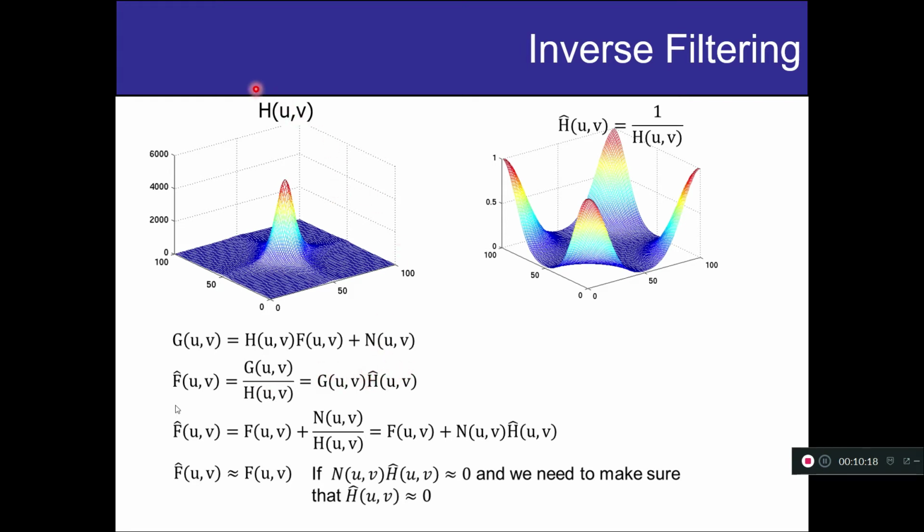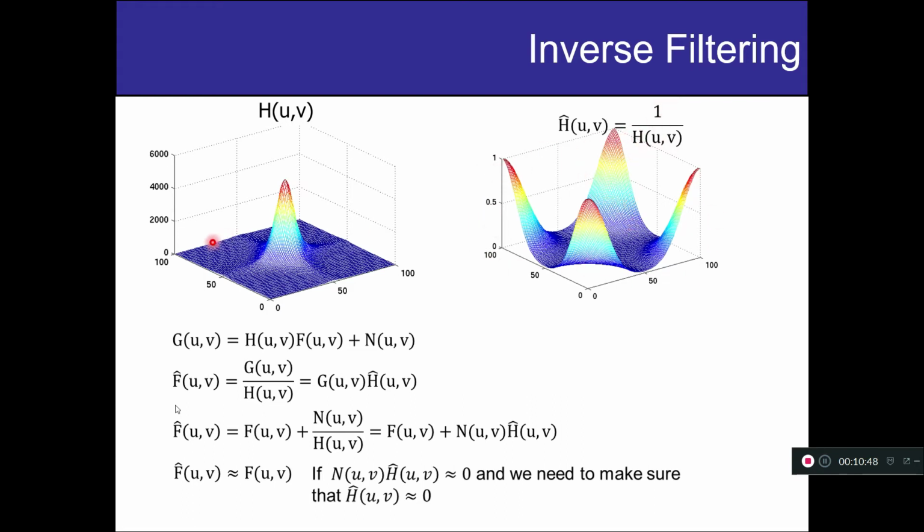So you can imagine, let's say this is your blurring function, and of course your blurring function should be a low pass filter, because the characteristic of a blurring function is to always blur the image. Something that makes the image more blur is actually a low pass filter. So if you plot the H head, which is equal to 1 over H, it should look like this.